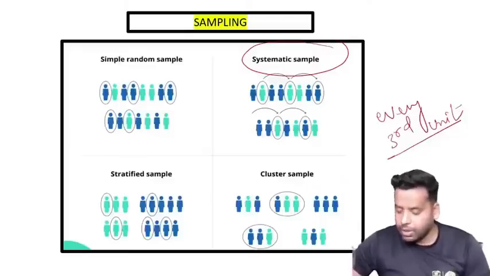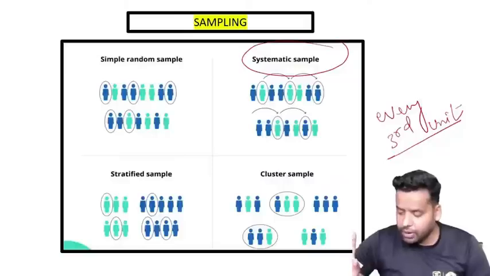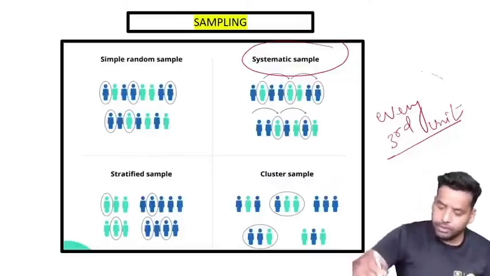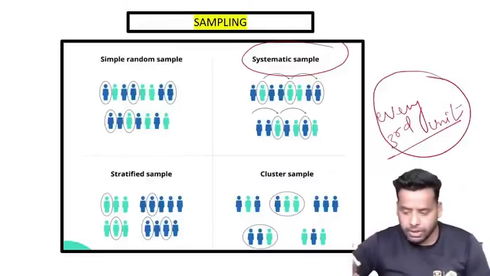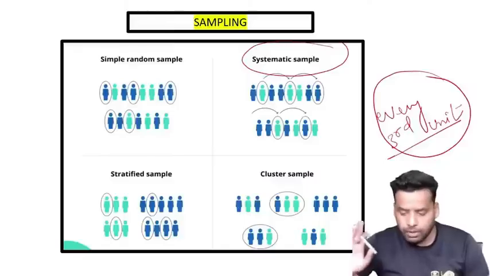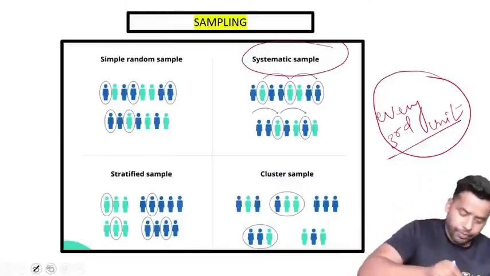What is this sampling called as? Systematic random sampling. Remember this word. This word will come. It is systematic random sampling.